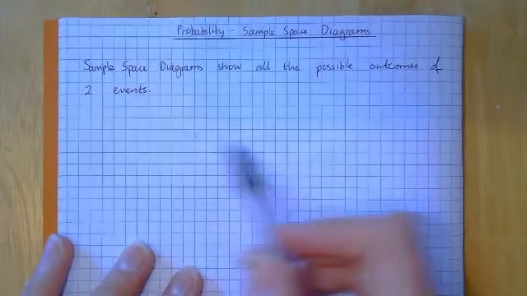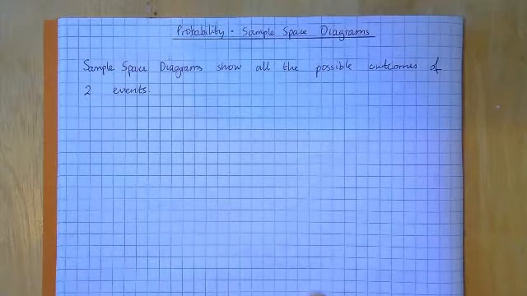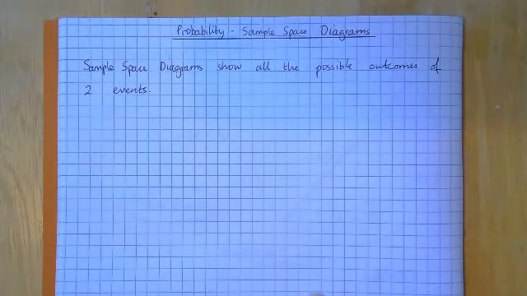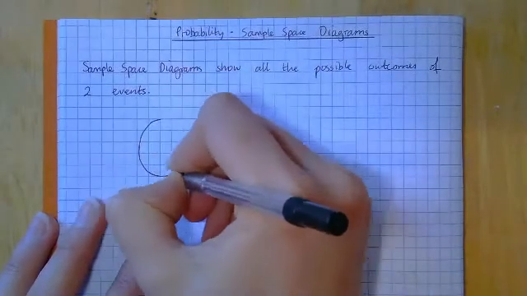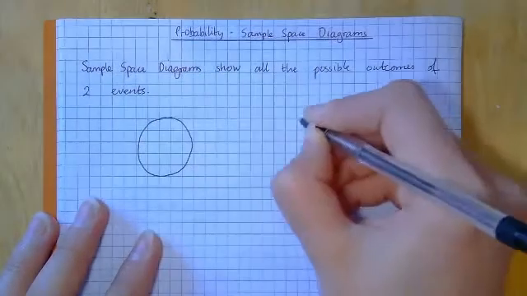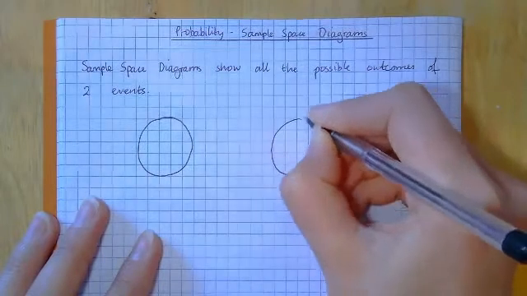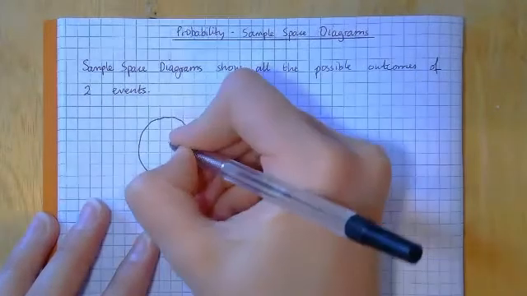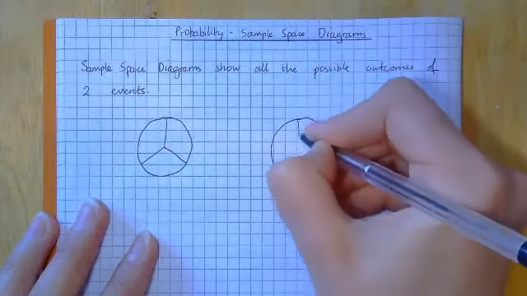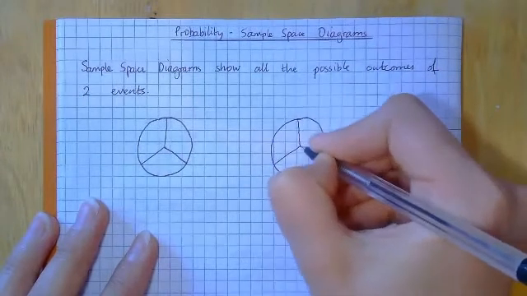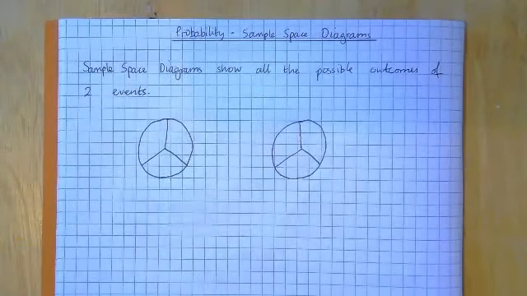Right, I'd like you to draw me two circles, like two spinners. I don't know if I've got a circle I can draw around, or I might just have to go freehand and see what happens. So draw me two circles. These are going to be our spinners. And I'd like you to split your circles into three. Imagine they're like spinners that you can spin round.